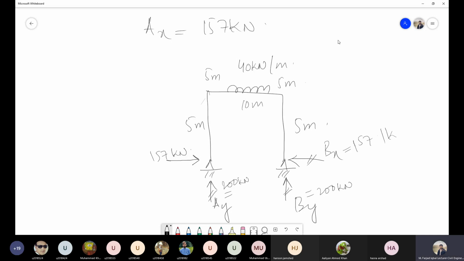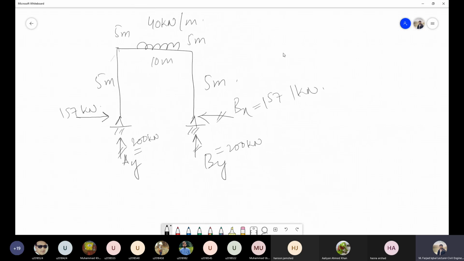Again 157 kilonewton. Actually in this question it was a symmetrical structure. So in this question it is by, let's say, our luck that we got this as 200 kilonewton, but it is not the case that in every case these reactions will be the same as the ones in the previous one, because in this one it is a symmetrical section and we could have got these reactions directly by just looking at this frame, because this load is acting at the center, all the lengths are same, all the distances are same, so that's why these two reactions are just half of this UDL.